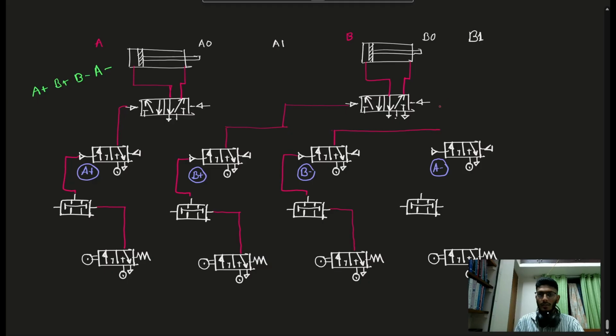So I'm connecting it with this region of B minus, and for A minus, let's connect this AND valve to this 3x2 DCB. The region of A minus is this 5x2 DCB's right side. So let's connect this.